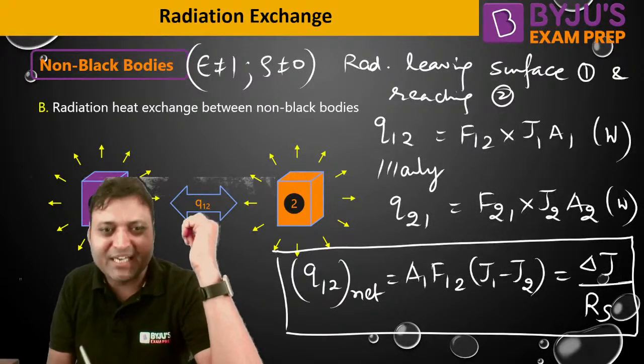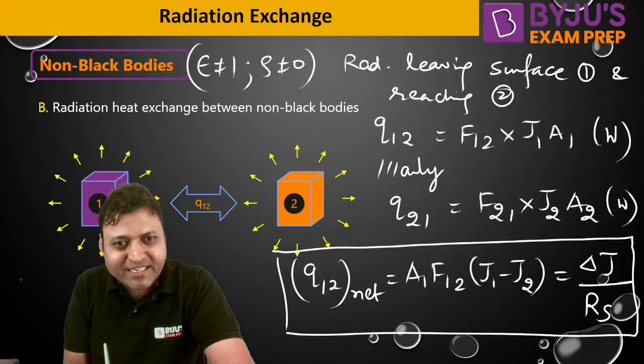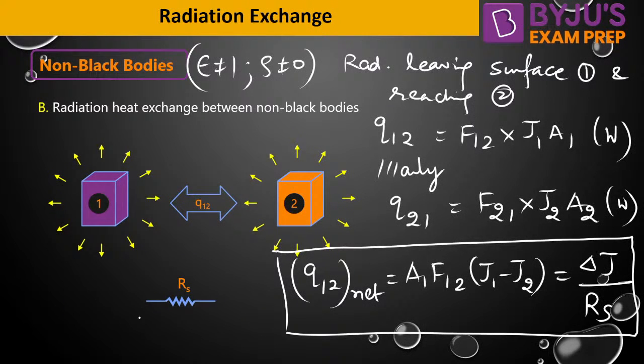If we draw the circuit diagram for this situation, if they are black bodies, then this node represents J1 and this node will represent J2, and between them there is a space resistance. This can be written as delta J.